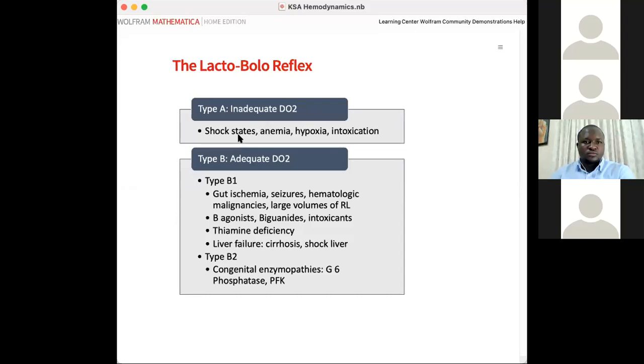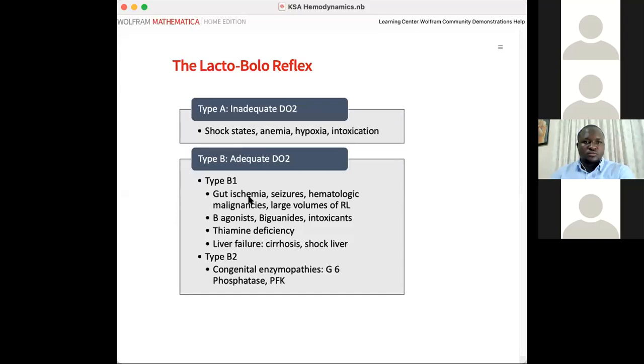You know very well now there are different types of hyperlactatemia. There's one that is due to shock states, anemia, hypoperfusion, but there's also the other type of lactate that is non-hypoperfusion or non-hypoxic. When you have things like gut ischemia, a patient who presents with mesenteric thrombosis may actually be normovolemic and have hyperlactatemia.